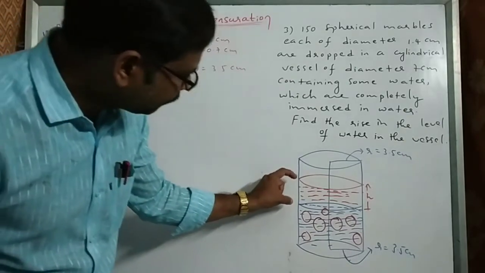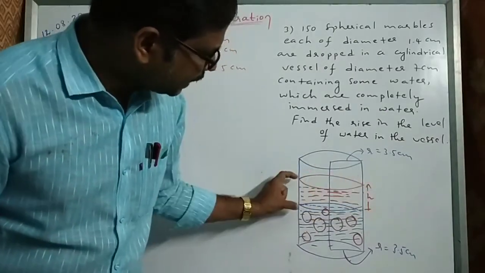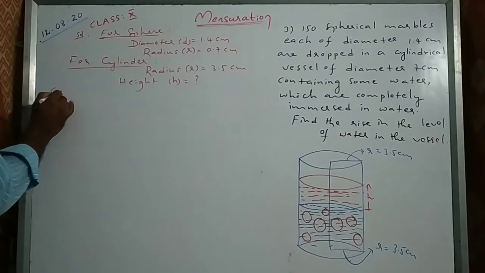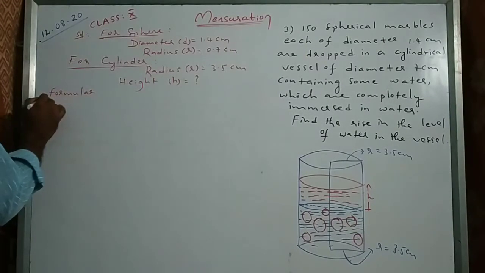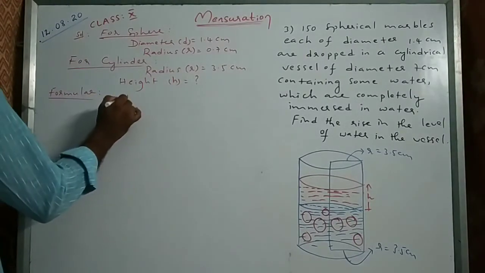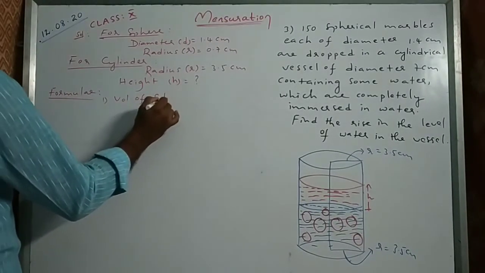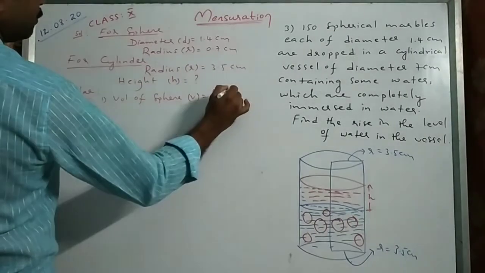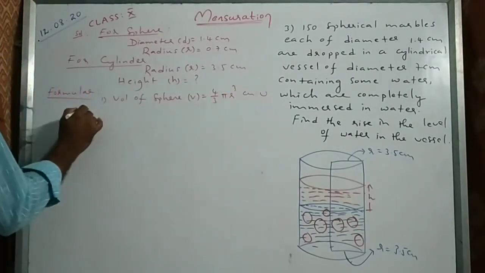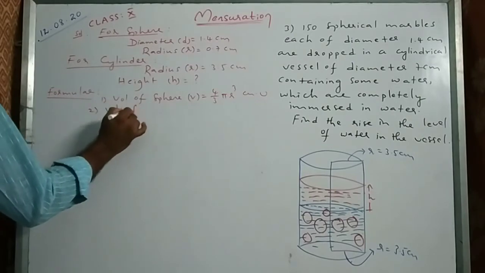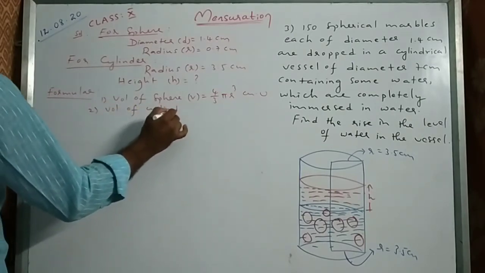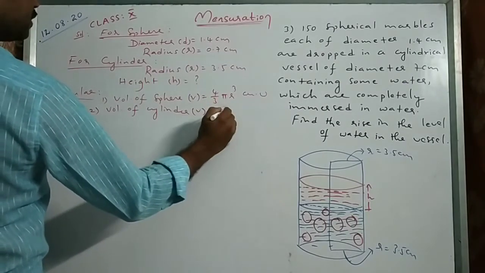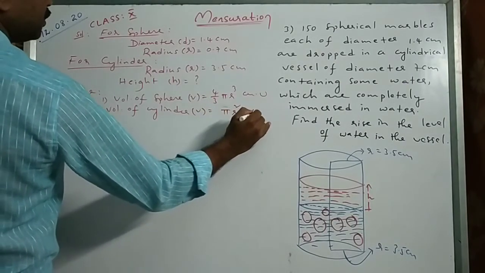The level of rising water looks like cylindrical shape only, so both volumes are equal. So what formula are we going to use? First one is volume of sphere, 4/3 pi r cube cubic units. Volume of cylinder, pi r square h cubic units.